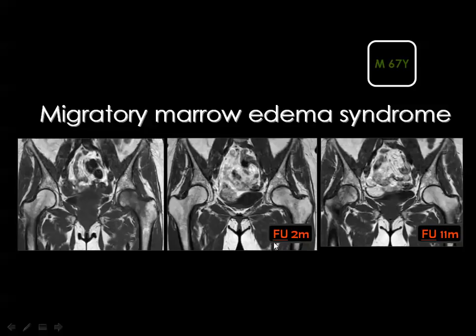And after 2 months there is total resolution of the disease, and the follow-up MRI obtained 11 months after the initial one showed the development of migratory osteoporosis in the opposite hip, and hence the name. The migratory osteoporosis or migratory bone marrow edema can affect one joint, then it may resolve and affect another joint.